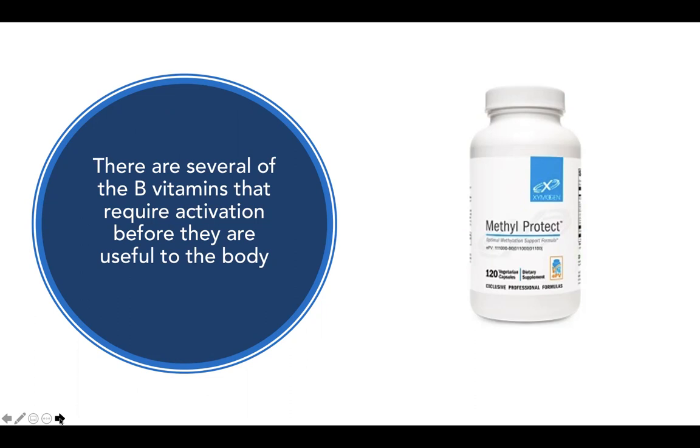And that's this product that you see on the screen called Methyl Protect. It's inexpensive, but my patients notice a difference right away because it's filling in the gap for something that their body can't do. And this is something that the person will have to take for the rest of their life because it's for a genetic issue that won't be corrected without it. This is the only way to address that MTHFR enzyme deficiency, with these methylated B vitamins.